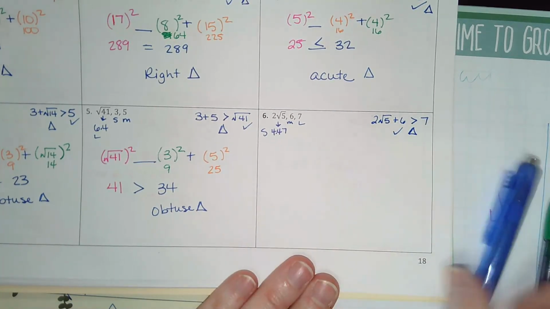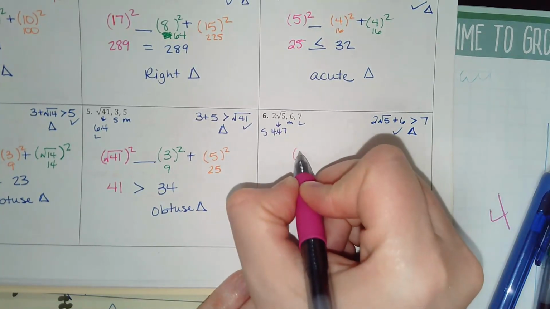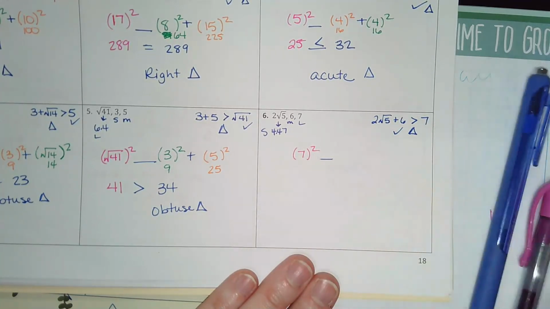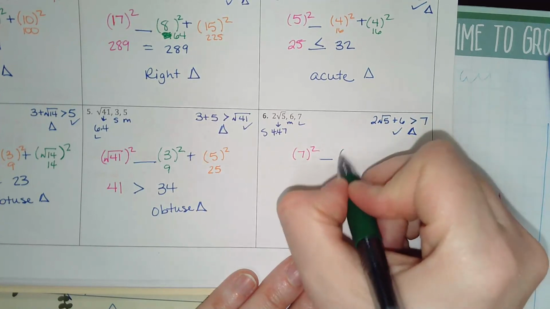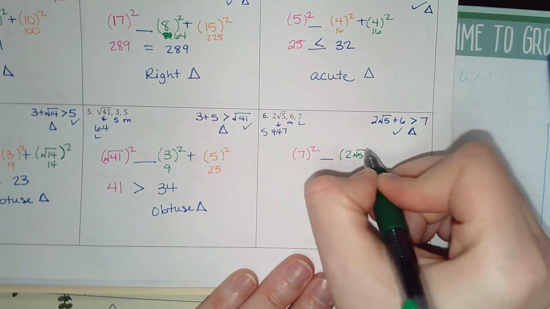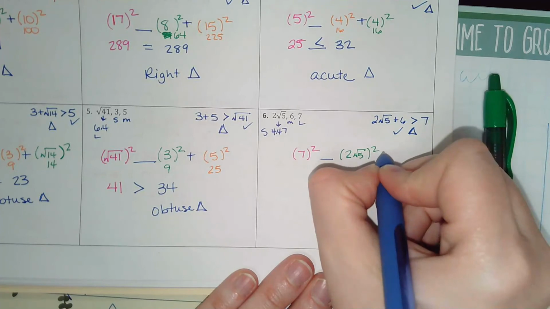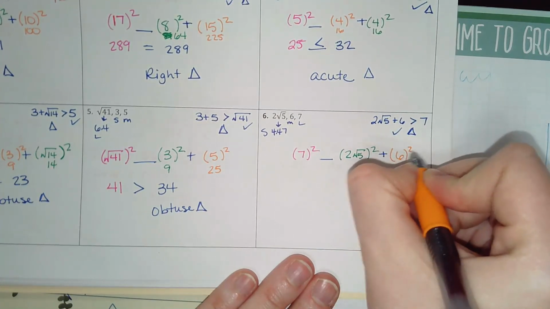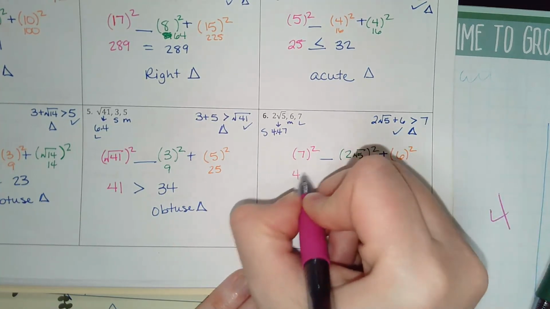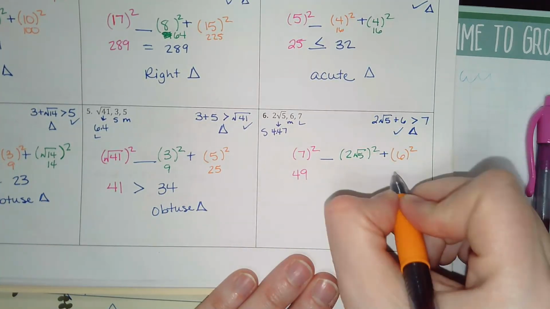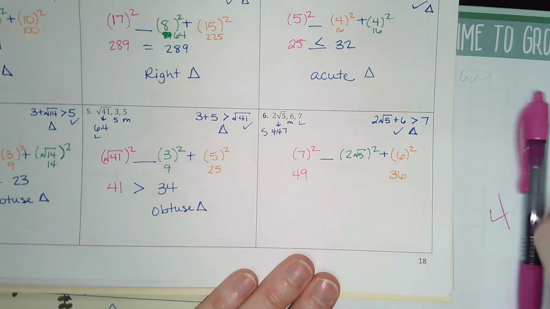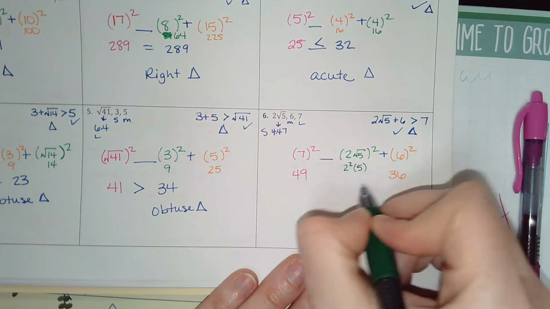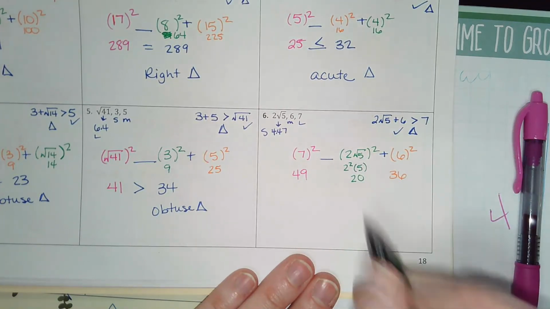So I'm going to do 7 squared. And then my sides that are small and medium, I have 2 root 5 quantity squared plus 6 squared. 7 squared is 49. 6 squared is 36. 2 root 5 squared is 2 squared times 5, which gives me 20, because 4 times 5 is 20.